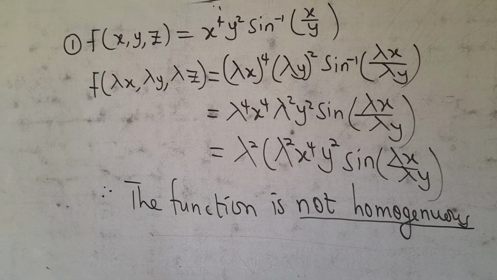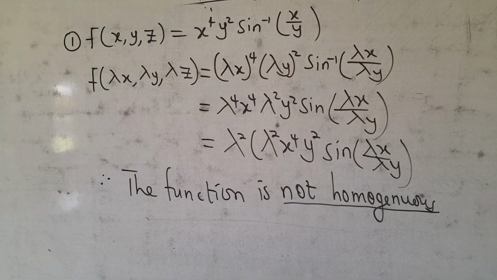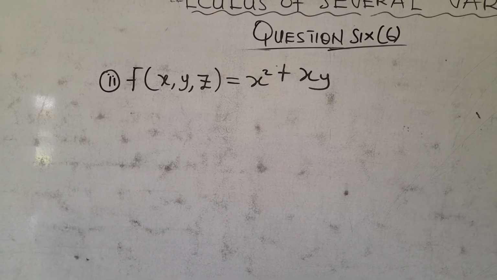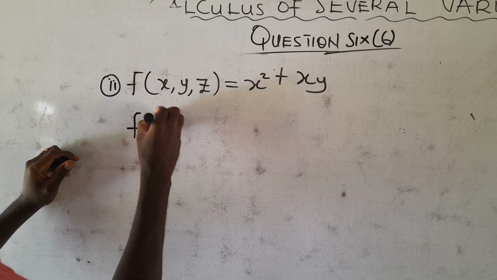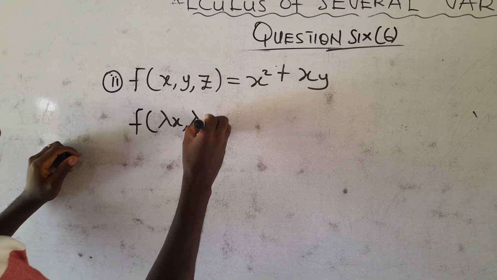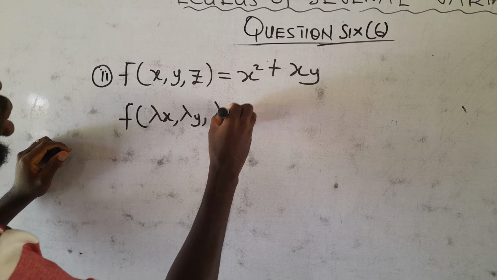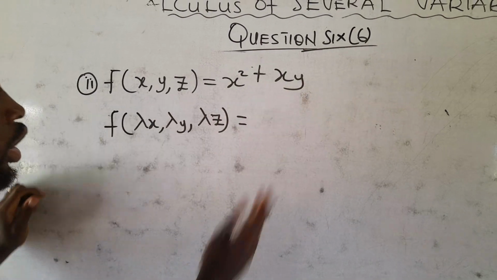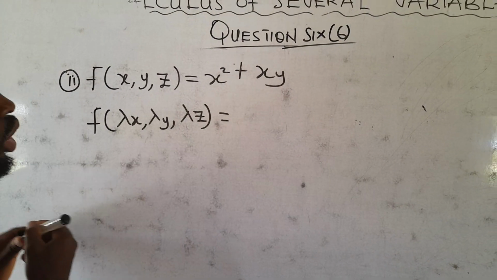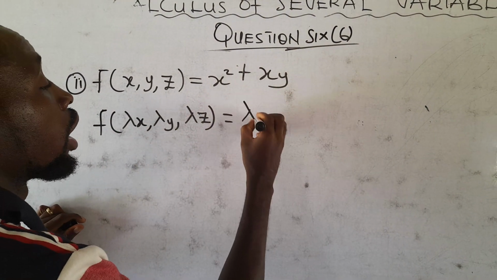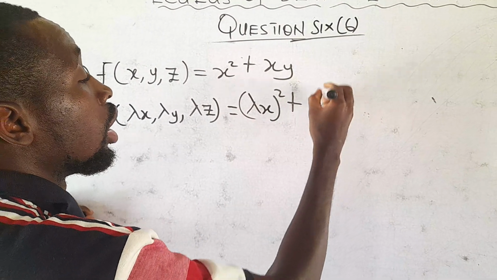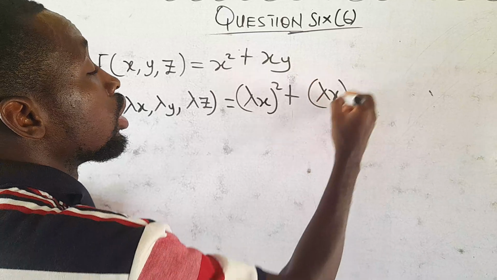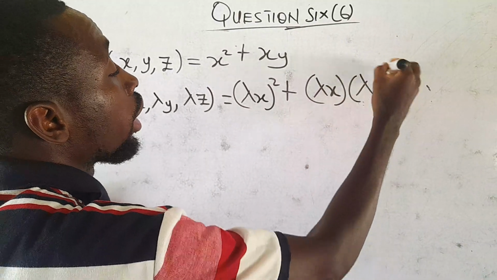Now we look at the second function, which is x squared plus xy. Euler is saying we should introduce a parameter to affect all the independent variables. Here there is no z, so there is no need to substitute in the lambda z. So we have lambda x all square plus lambda x, then lambda y.